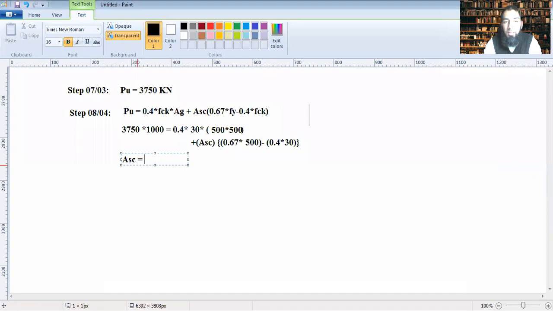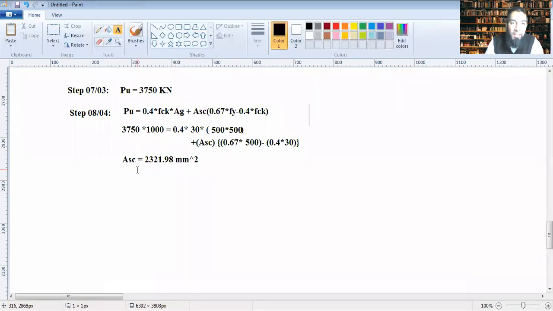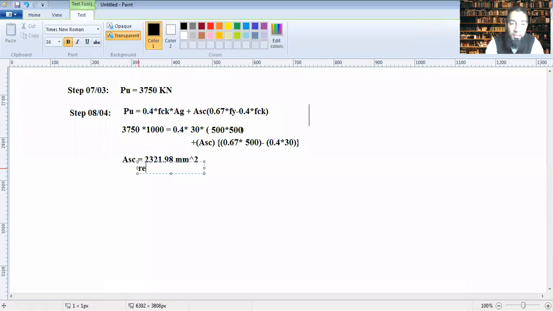ASC is coming out to be 2321 point something, 0.98. This is the ASC required. This is the ASC that you require.